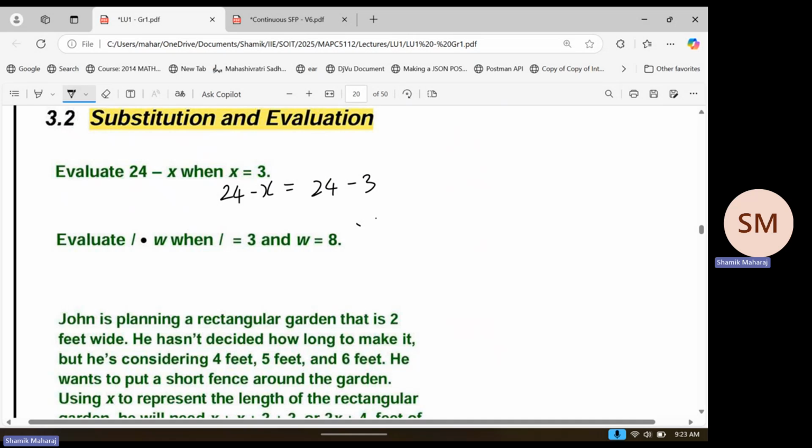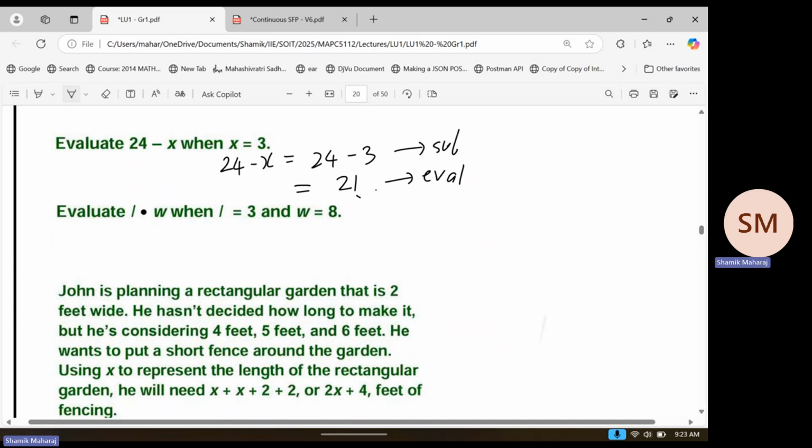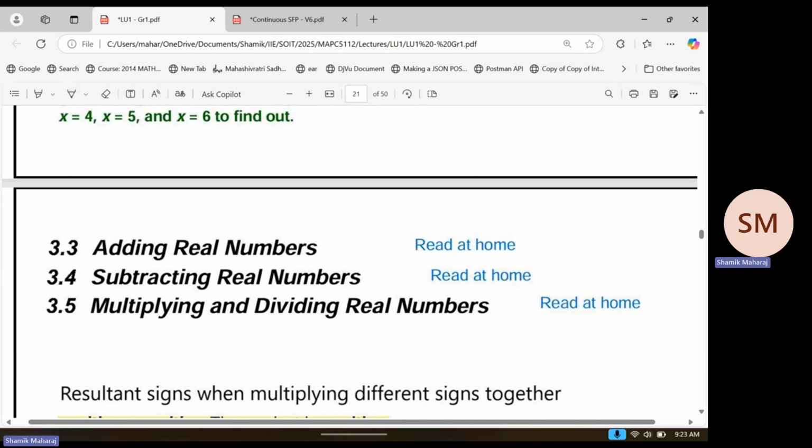That's substitution. Finding an answer to this, equal to 21, that's evaluation. Subtle difference between the two, but just take note of that. Make sense to you guys? Okay. And there are more examples at the bottom for you to try. If you have trouble with those, let me know.